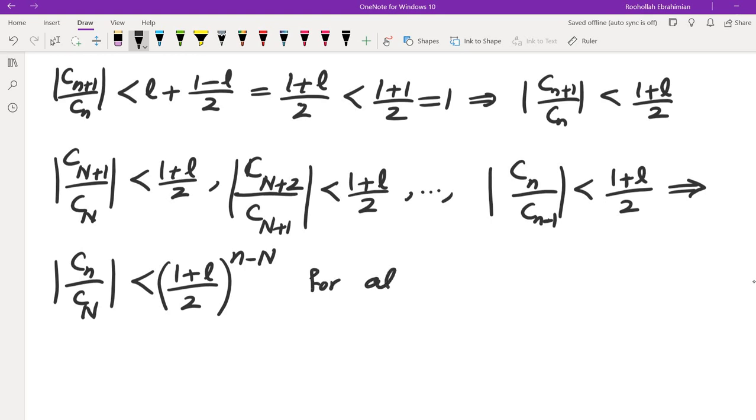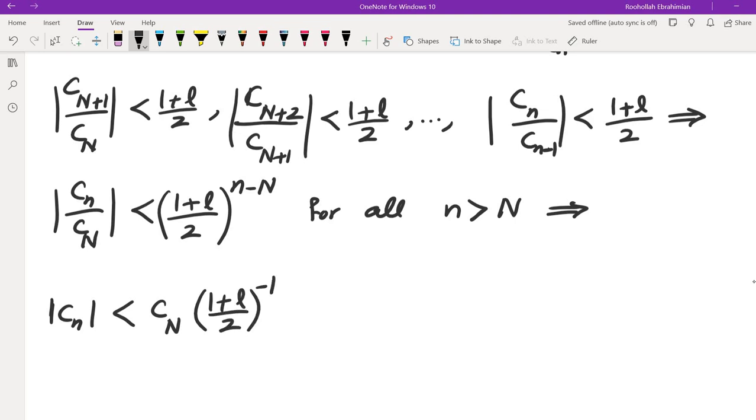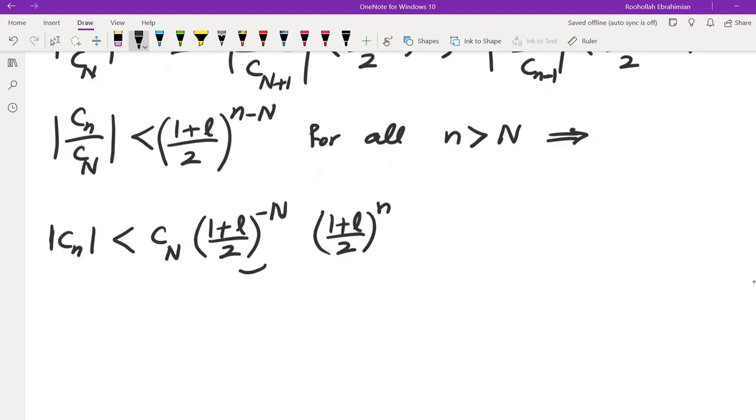This is for all n greater than N. Now let's see what happens. What we get is Cn is less than C capital N times (1 plus L) over 2 to the power of negative capital N, times (1 plus L) over 2 to the power of n. Now this first part is going to be a constant, and this is for all n greater than N.